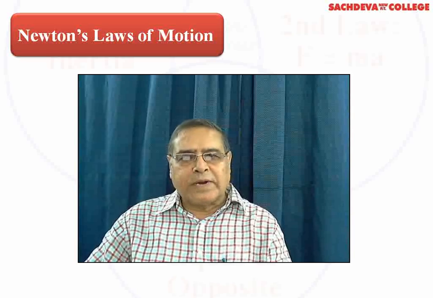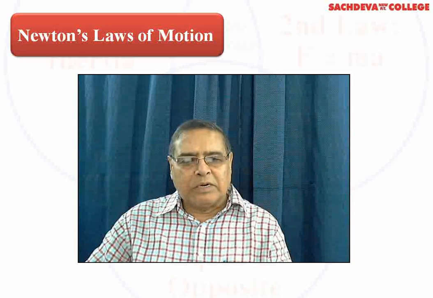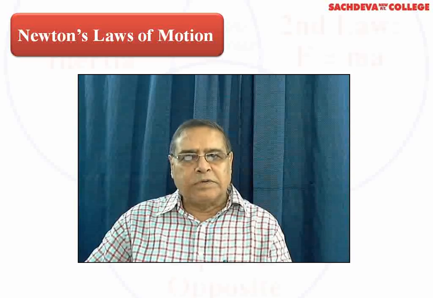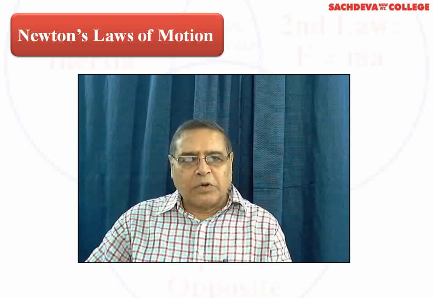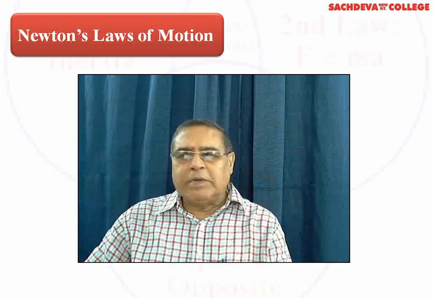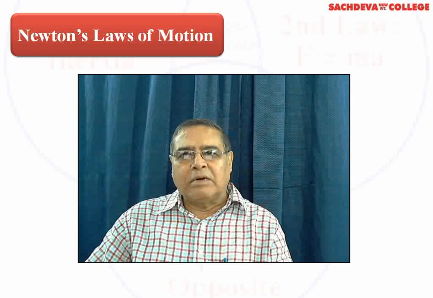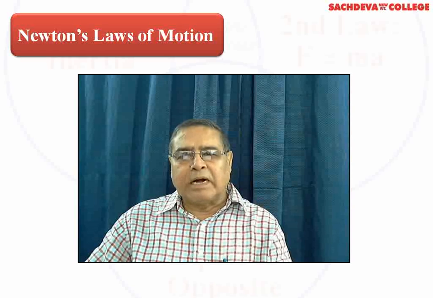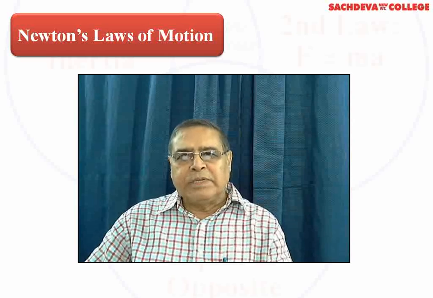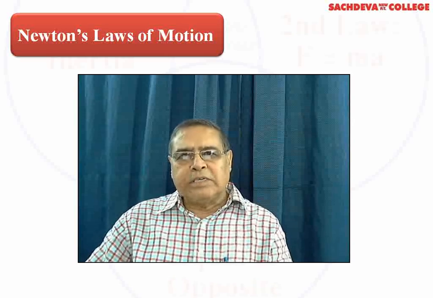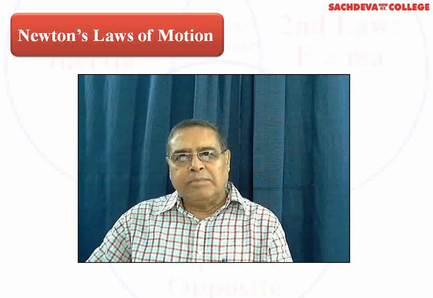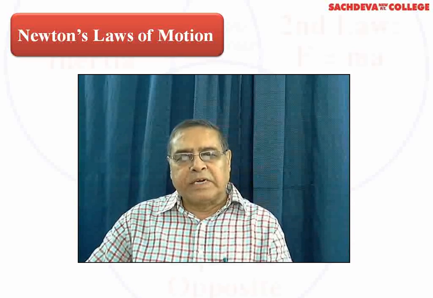When the ball, a rubber ball, strikes the ground, during the contact or during the collision, some energy loss will take place. And due to that energy loss, the height attained by the body after collision is not the same as it was earlier. It means that the collision is either elastic or inelastic. Elastic collision is one in which there is no loss of energy; energy is totally conserved.